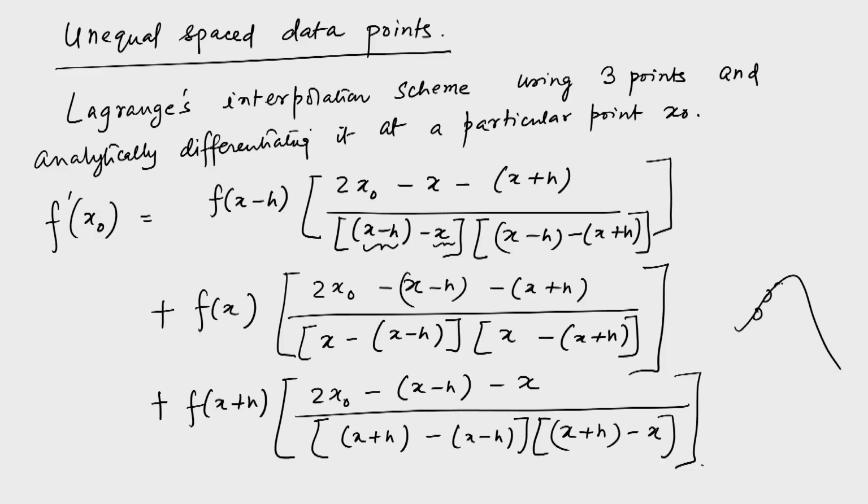You may have a very large density of data points here, whereas not so many data points once the function becomes smooth, like here. So, this is the main idea behind that.